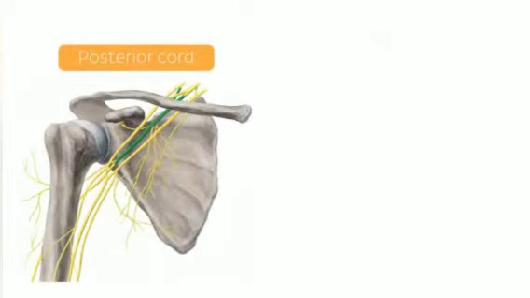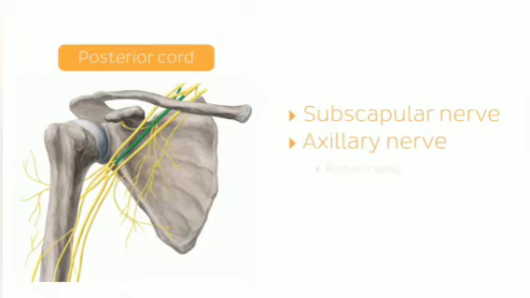We're moving on to another cord of the brachial plexus, this time seen here highlighted in green. This is the posterior cord, and the posterior cord has branches known as the subscapular nerve, the axillary nerve, and also the radial nerve, which will be innervating different structures on the upper arm and shoulder.